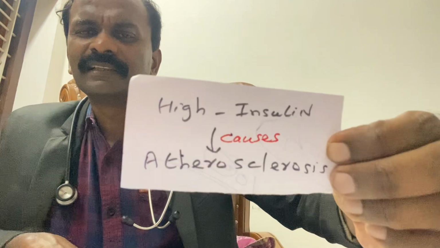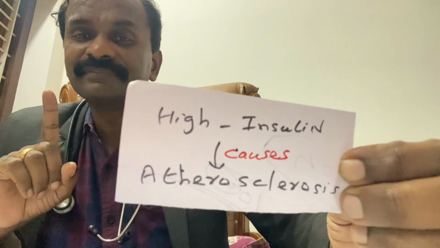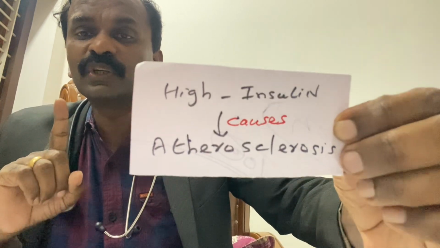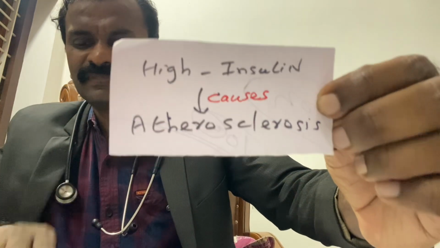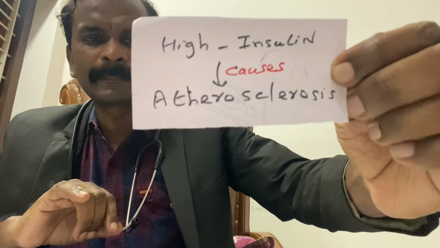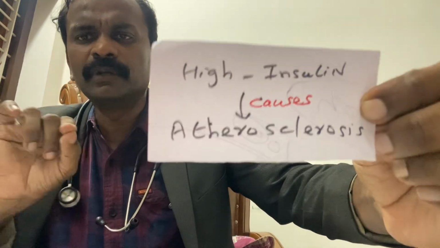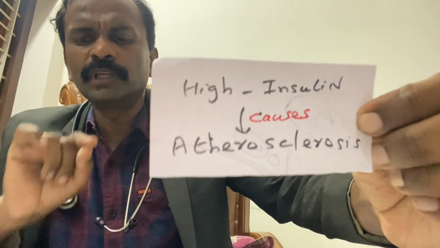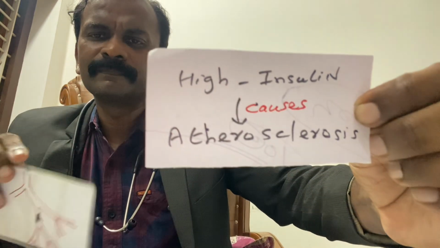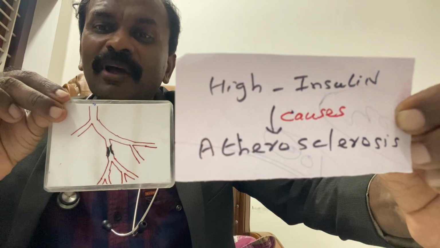Why? Because high insulin in the blood causes atherosclerosis. What do you mean by atherosclerosis? Please write it down. I'll explain. See, there is a blockage in the blood vessel.